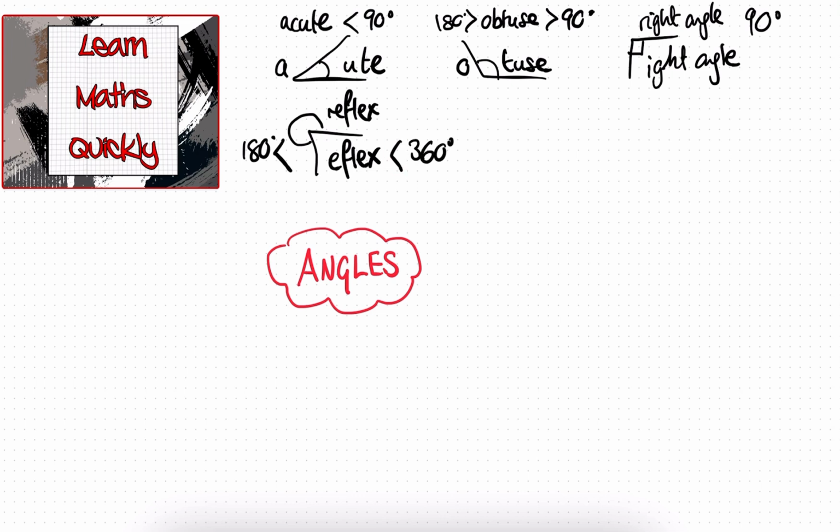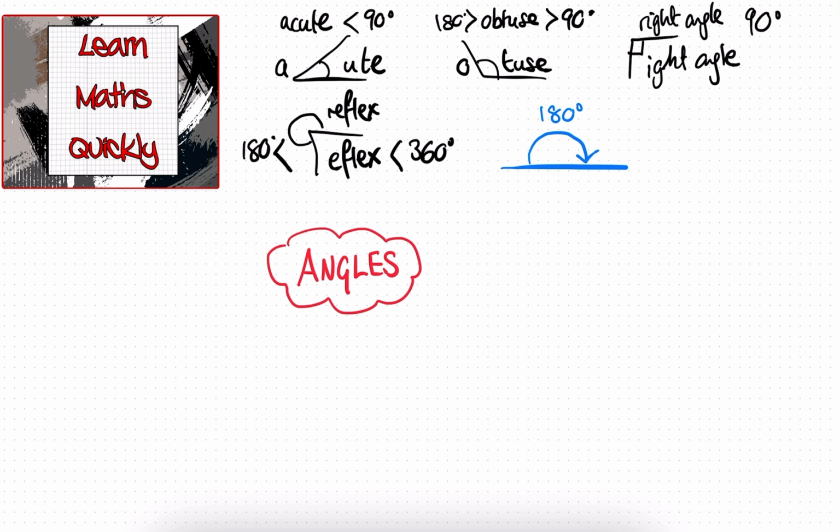Now, 180 degrees and 360 degrees are useful because if you have a straight line like that, and we're trying to measure the angle from one part of the line to the other, like that blue little curve is showing, that is 180 degrees.